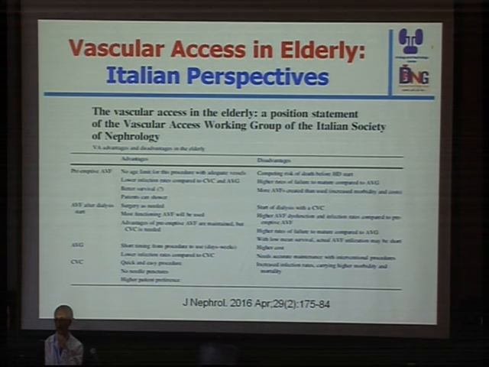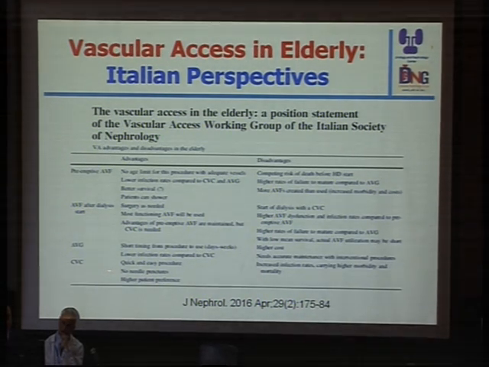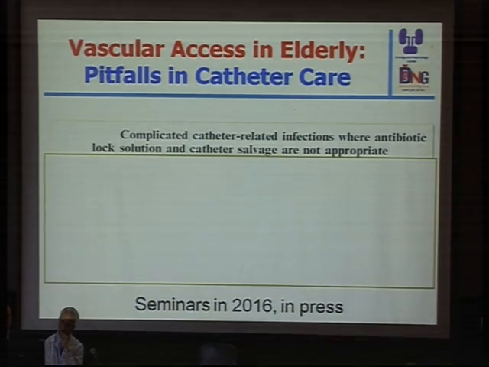The disadvantage is combating the risk of death before hemodialysis starts, and a high rate of failure of maturation. This is the most important in dealing with elderly patients. And here the catheters are associated with a high rate of infection and higher morbidity and mortality.